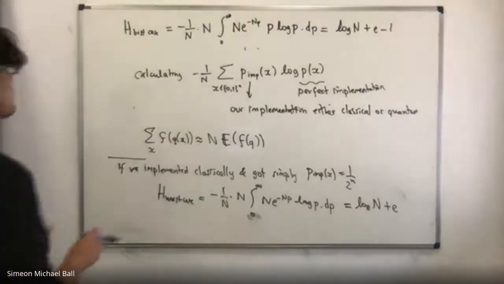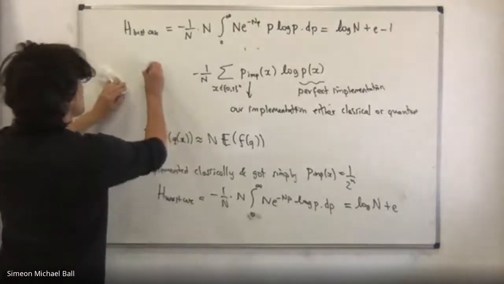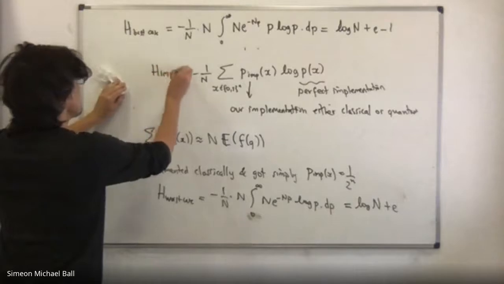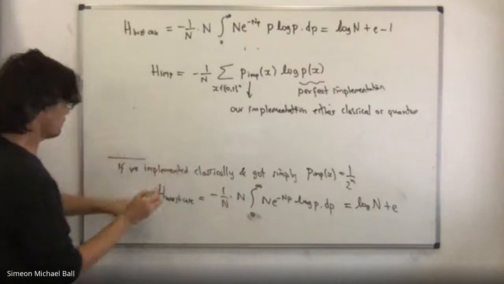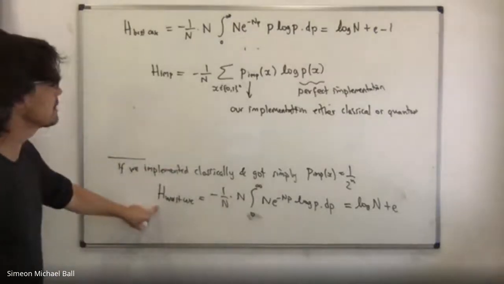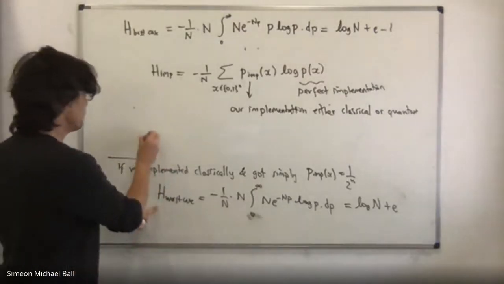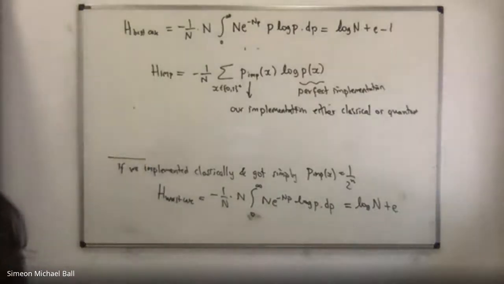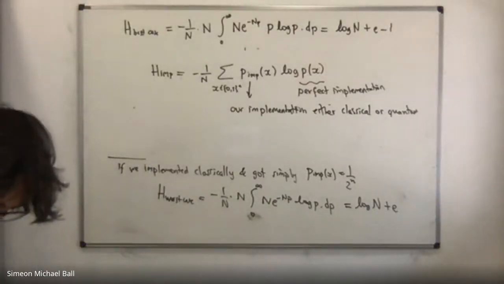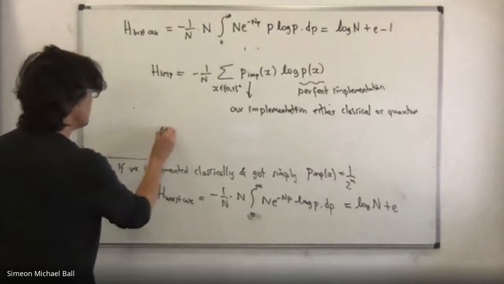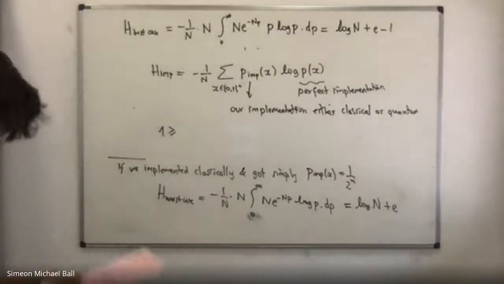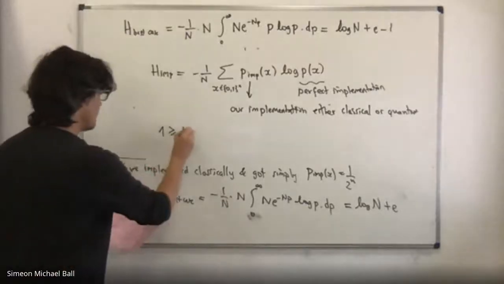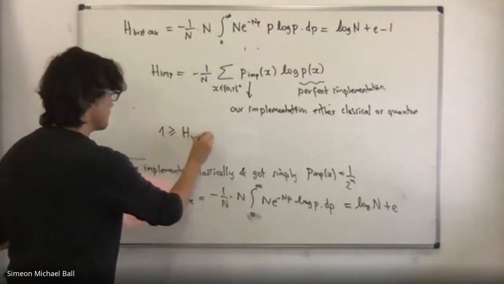So let's call this H implementation. Then just to make things look a bit nicer, we take 1 minus H implementation over H worst case.